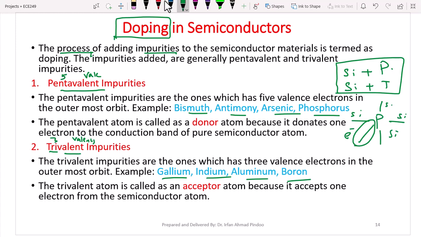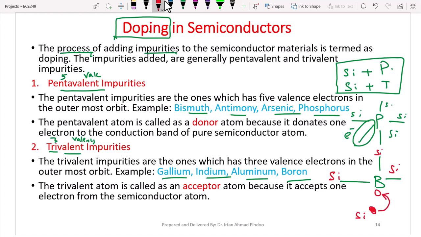In the same way, let us talk about the trivalent impurity. Suppose boron. In boron we have a valency of only 3, right? So the 3 electrons that it has will make bonds with the silicon, but one silicon electron is not making any bond, so it will create a vacancy over there.